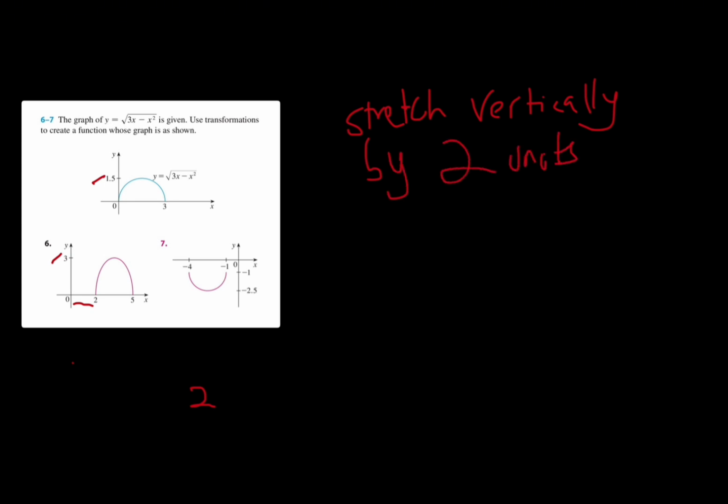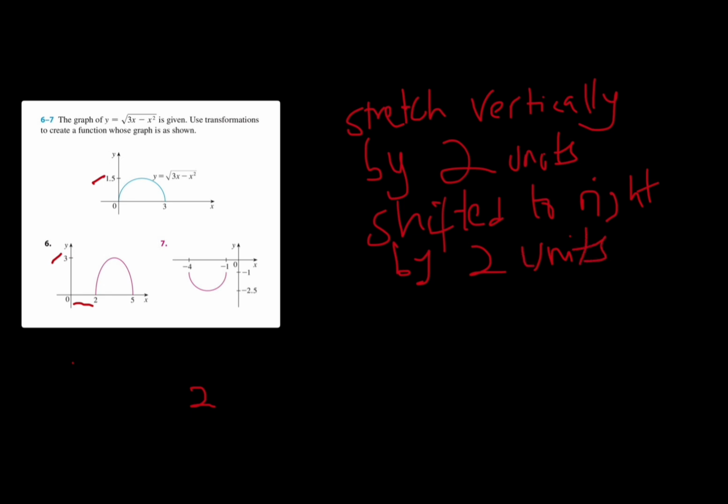So it has stretched vertically by 2 units, and it has shifted to the right by the same 2 units, meaning that whatever is inside f is not going to be f of x, but rather x minus 2. Then it has also stretched vertically by 2 units, so 2 will multiply the whole thing.